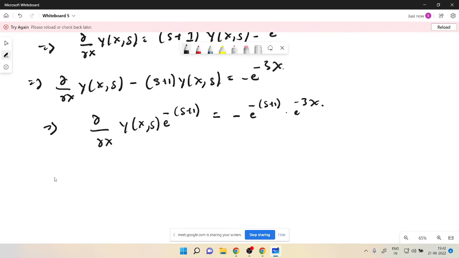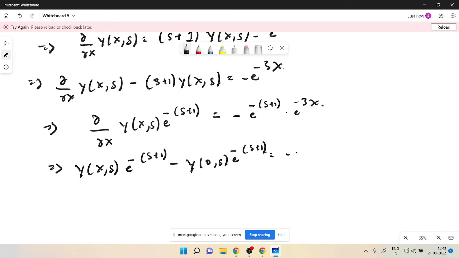This, I think, has some issue with uniqueness and stuff. So you just integrate this Y of x comma s with respect to x, right? So e to the power minus (s plus 1)x times Y of x comma s minus Y of 0 comma s should be equal to minus the integral of e to the power minus (s plus 4)x from 0 to x.